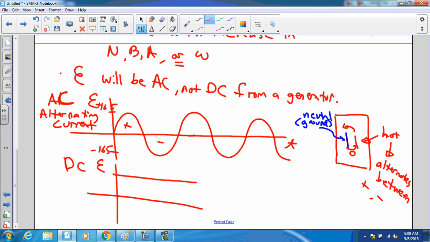And during the minus side of the cycle, the current is going to flow back this way. So instead of current going through wires like it does for DC, your current is going to alternate forward and backwards. And it's going to do it every time there is a cycle.